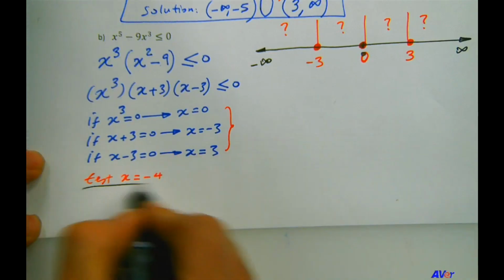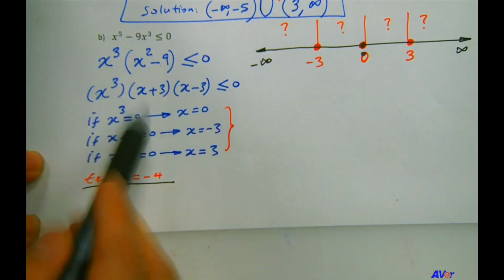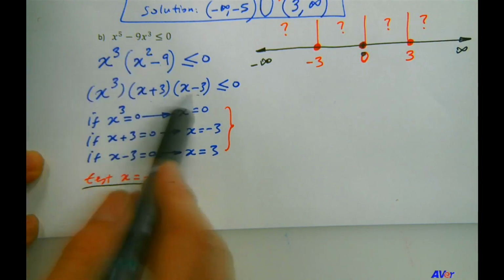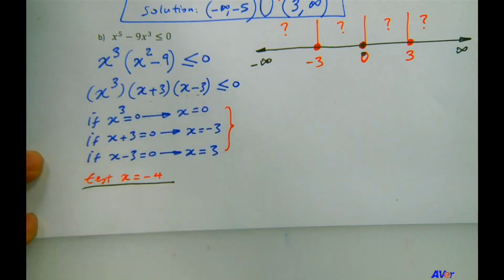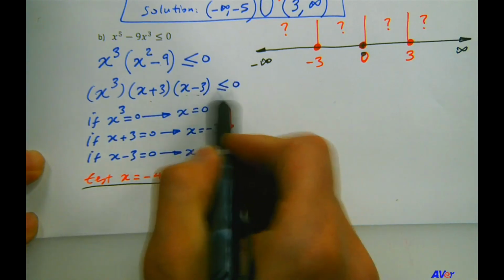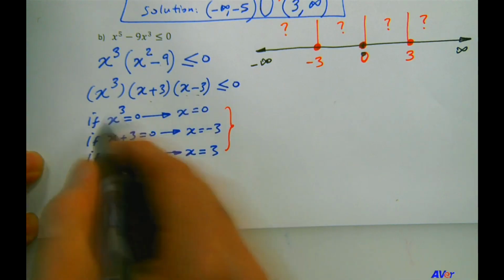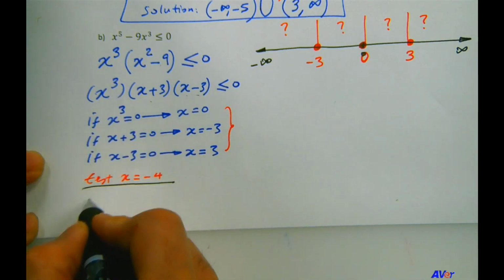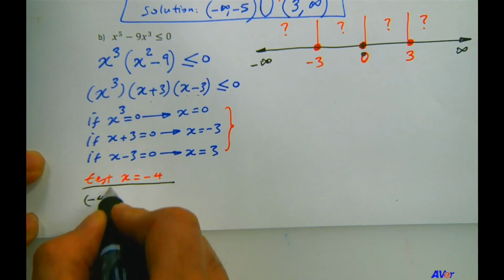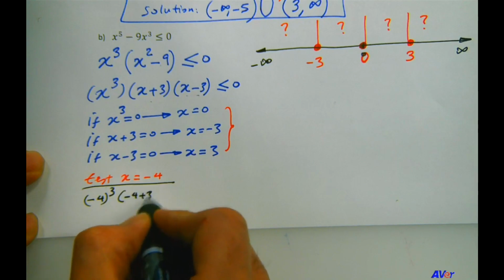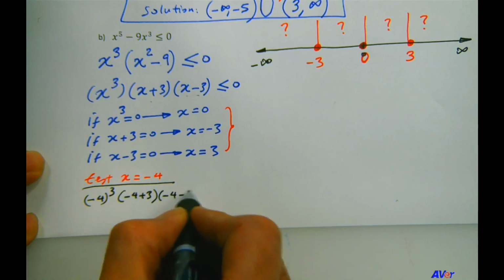Right? And let's put them in here, in this inequality. You can try them here, but this would be easier because all we're looking for is the sign. Is it less than or equal to 0? Is it some negative number or not? So negative 4 cubed times negative 4 plus 3 times negative 4 minus 3.